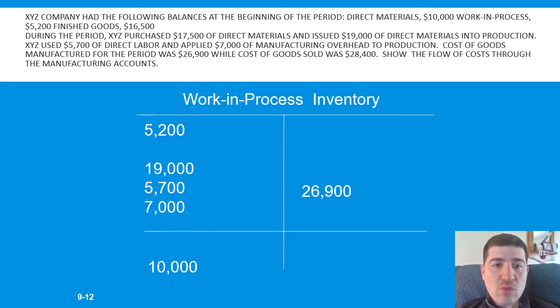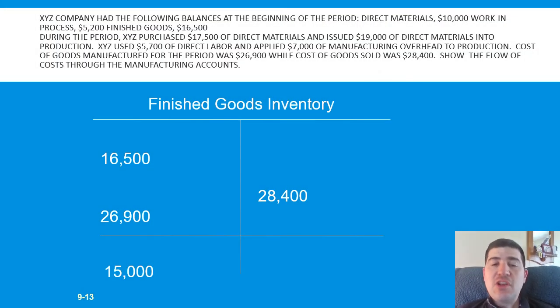Then you have $26,900 that are taken out because they're finished. So it says the cost of goods manufactured for the time period was $26,900. So again, that amount is no longer being worked on, it's gone. Finally, we have finished goods.